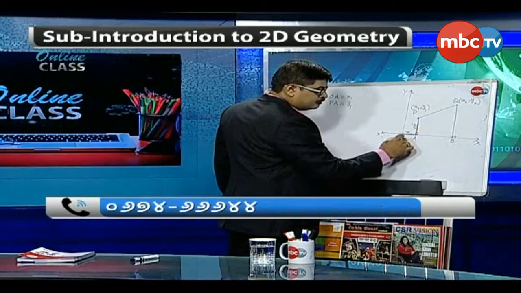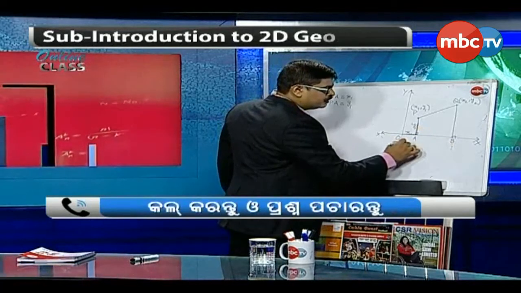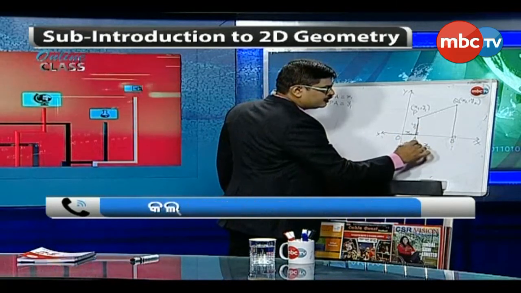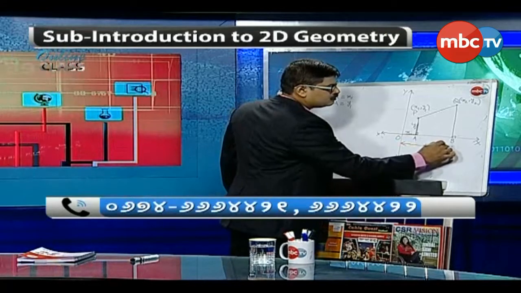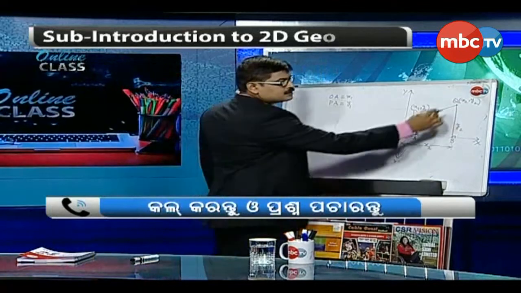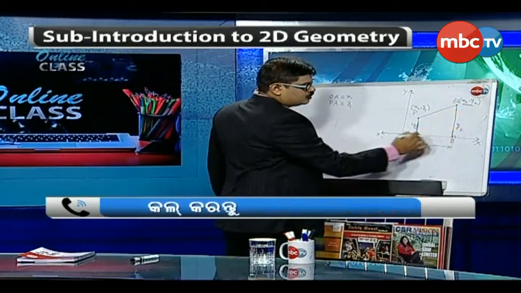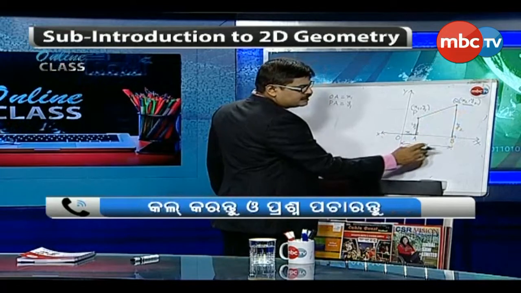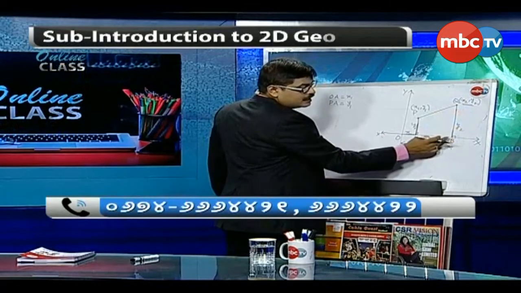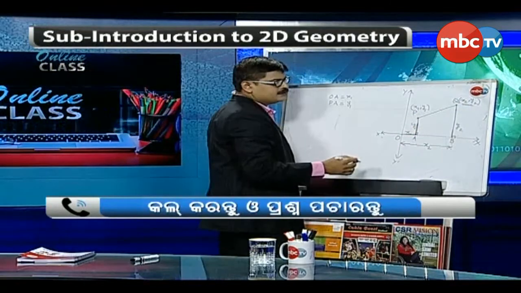Similarly, if you drop a perpendicular from Q on x axis, suppose it is B, then from O to B, this distance will be x2 and this distance will be y2, because the coordinates are (x2, y2) and we are dropping perpendiculars. So from origin to B the distance will be x2 units and from Q to B this height will be y2 units.